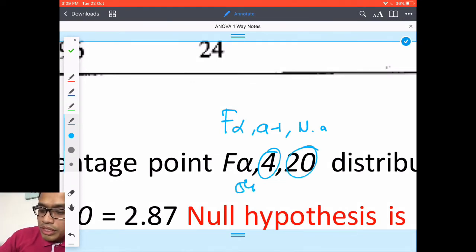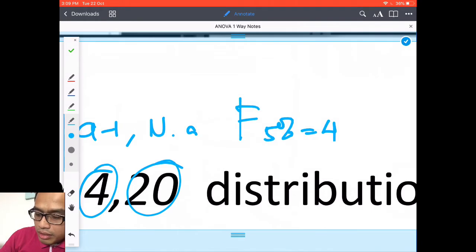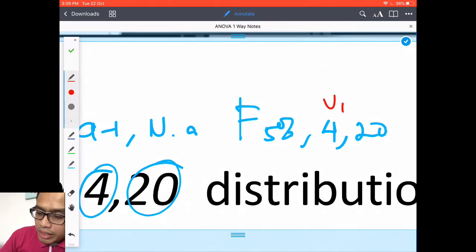The whole equation will be F 5%, 4, 20. This is V1, this is V2. V1 is the degree of freedom for level, V2 is the degree of freedom for error.